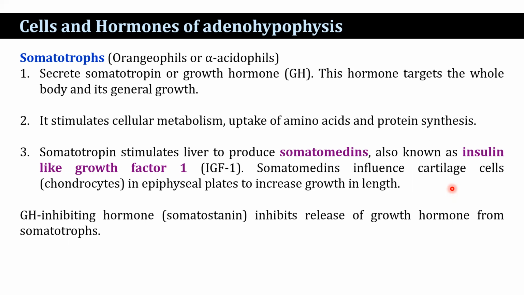Somatotropin stimulates the liver to produce somatomedin, also known as insulin-like growth factor. Somatomedin influences cartilage cells in epiphyseal plates to increase growth in length. Growth hormone inhibiting hormone, GHIH, which is somatostatin, inhibits release of growth hormone from somatotrophs.